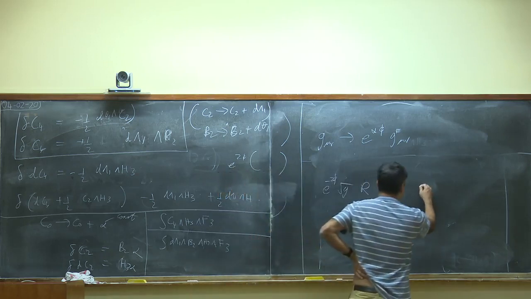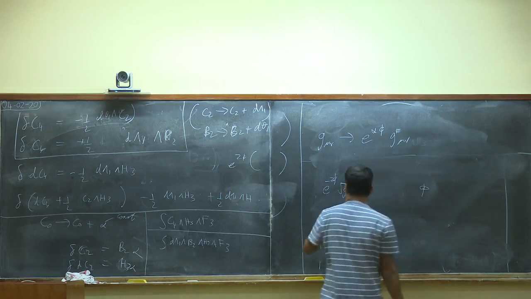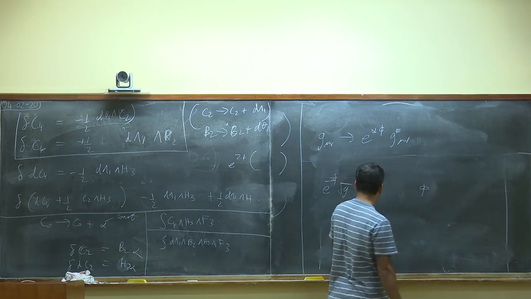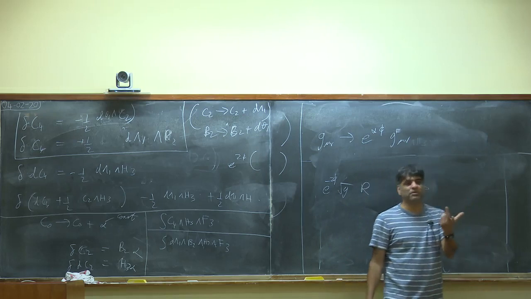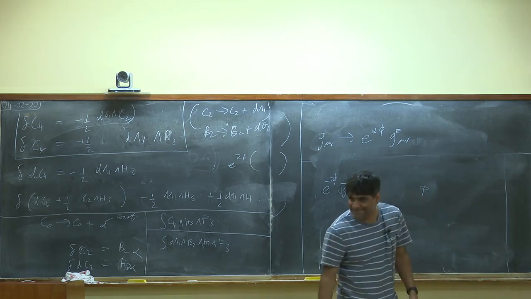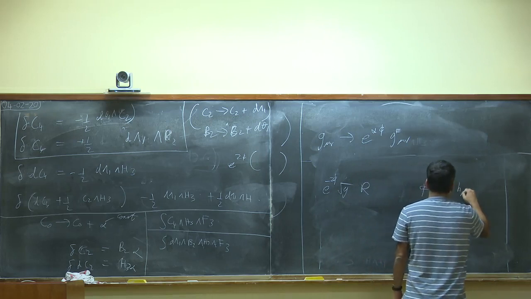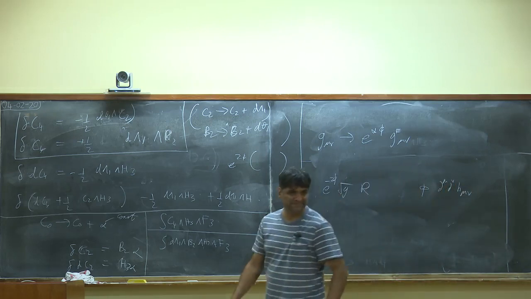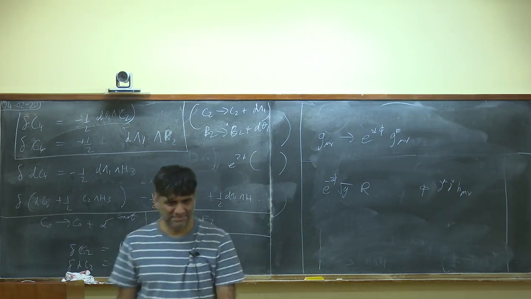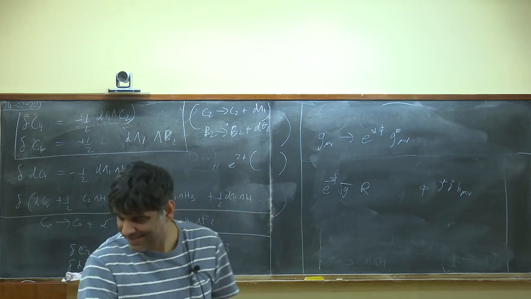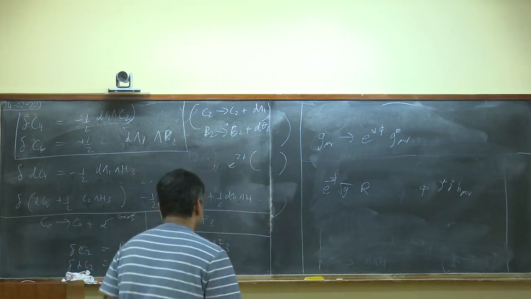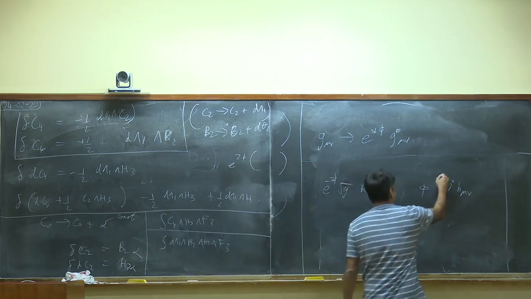One term in this quadratic expansion will be phi, nothing from here, so that's just 1. And here the linear approximation to R, which will have a term like, for instance, del nu del mu h mu nu. There's another term which is del squared of h trace, with some numbers.